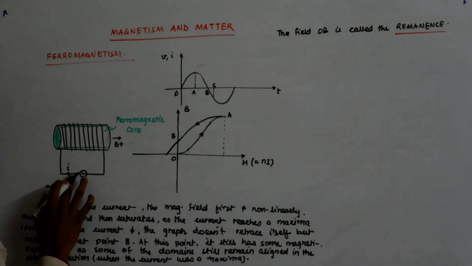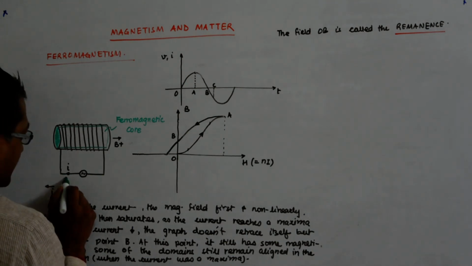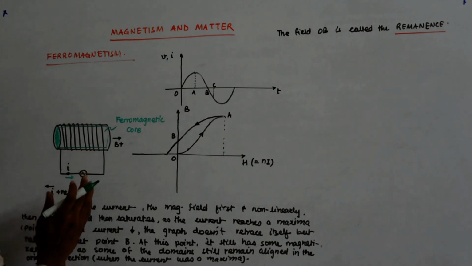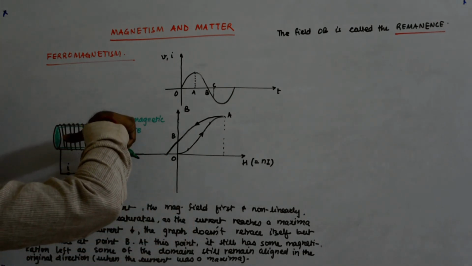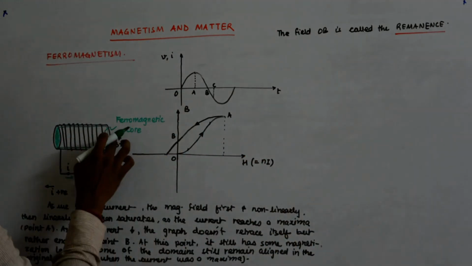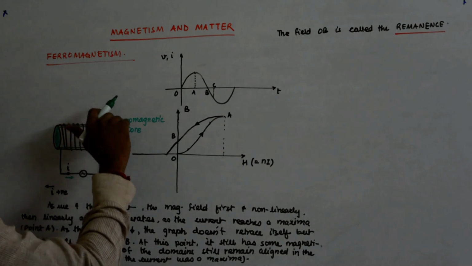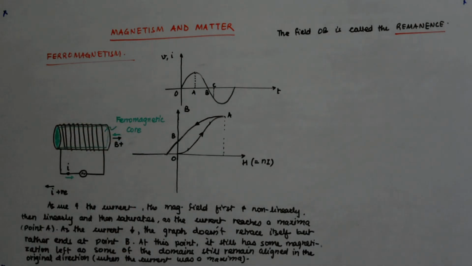That means now what has happened? The current direction has changed. So from this it has become this, and this is actually forcing a field in this direction, and it is that amount of field that will kill this positive field, because my positive is this, negative will kill this. You understand?